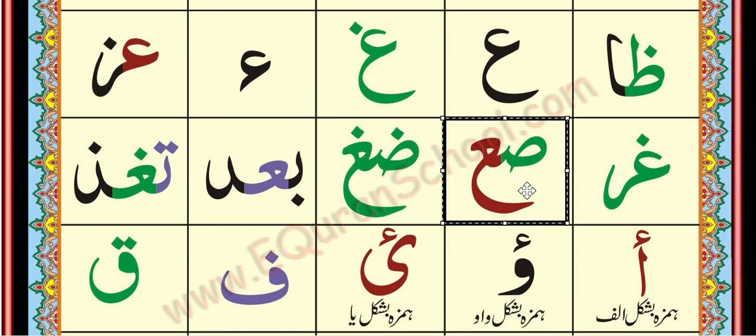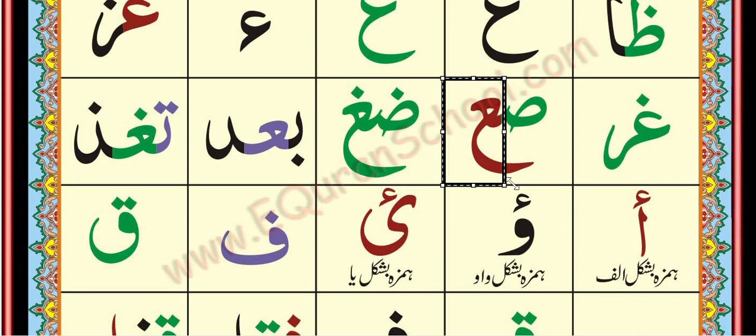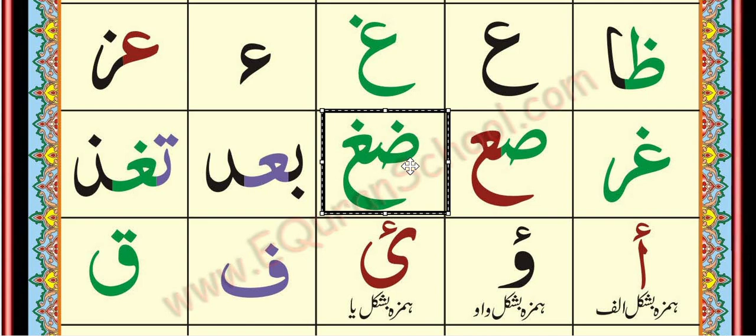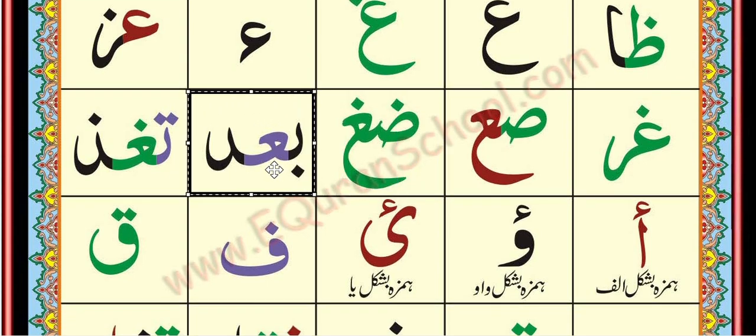Next one, Sad Ain, Sad Ain. This shape is Ain, you need to keep in mind. Sad Ain, Dhad Ghain, Dhad Ghain. And the next will be, now look, the middle one, the purple, is Ain.